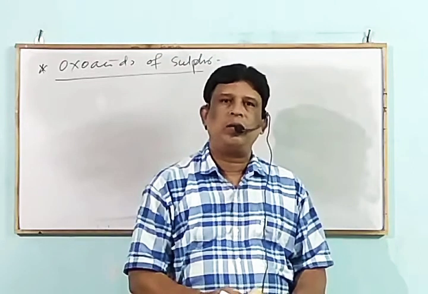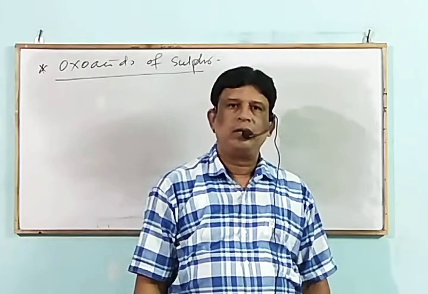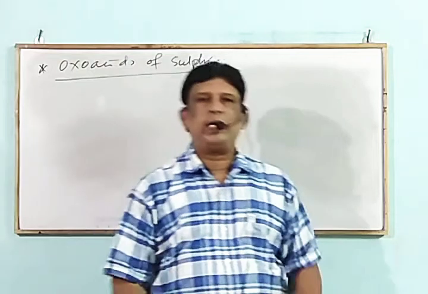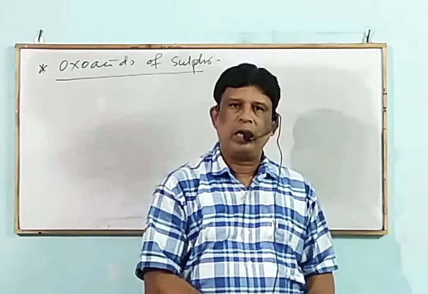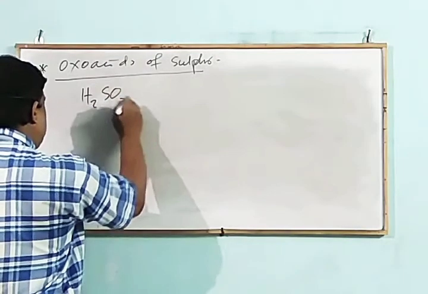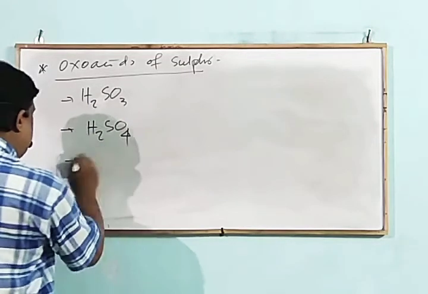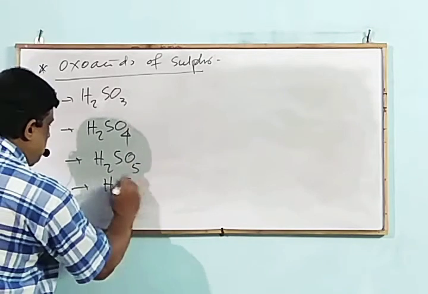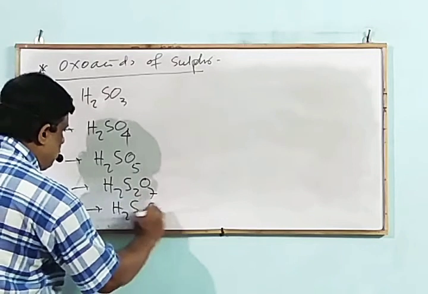For example, sulfurous acid, sulfuric acid, peroxymonosulfuric acid, peroxydisulfuric acid, oleum, so many are there. For example, H2SO3, H2SO4, H2SO5, H2S2O7, H2S2O8.